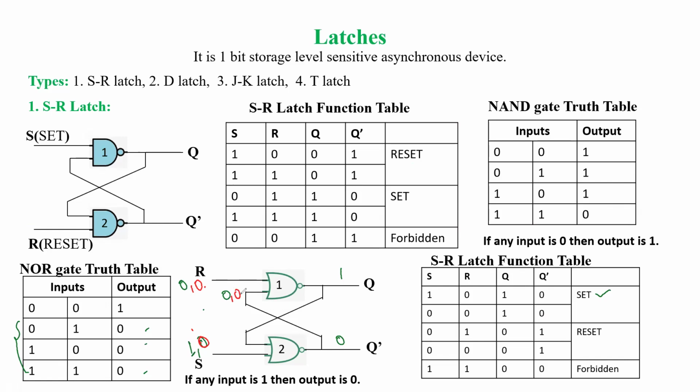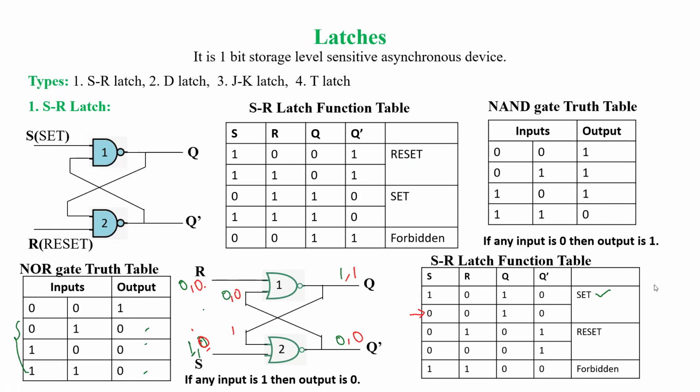Both inputs of NOR gate 1 are 0, so its output is also 1. Now this 1 is given back to NOR gate 2, and the other input S is 0. So 0, 1 is the input to the NOR gate. What will be the output? The output is 0. So we see that the device was set, and it remained in the set condition.